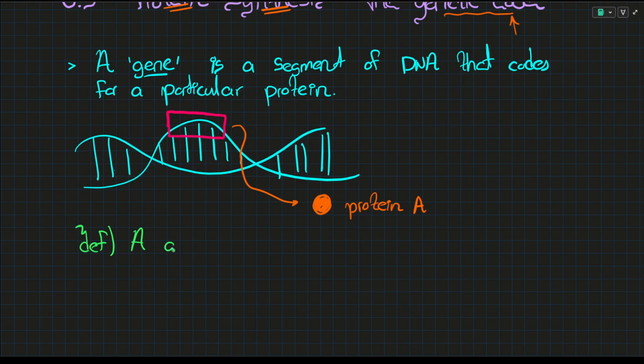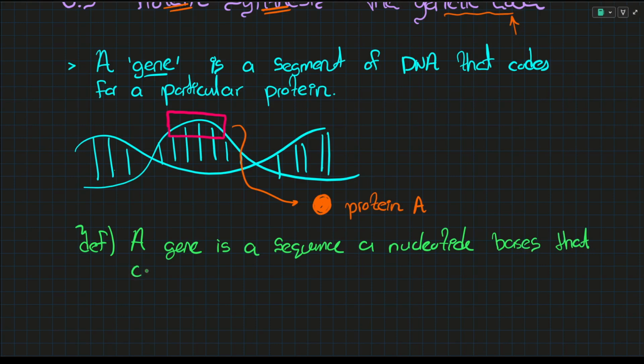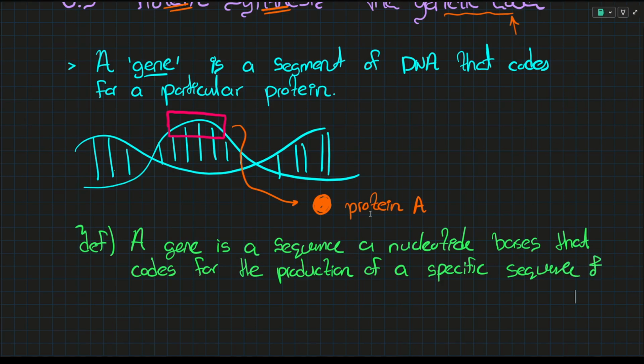Okay, let's go. A gene is a sequence of nucleotide bases, meaning simply a small segment, that codes for the production of a specific sequence of amino acids.